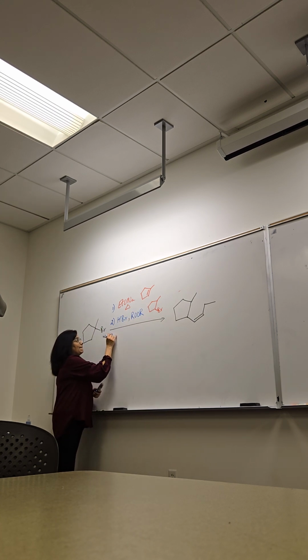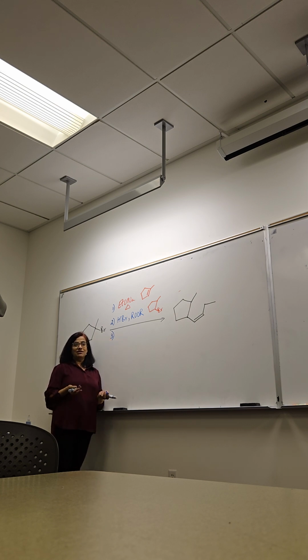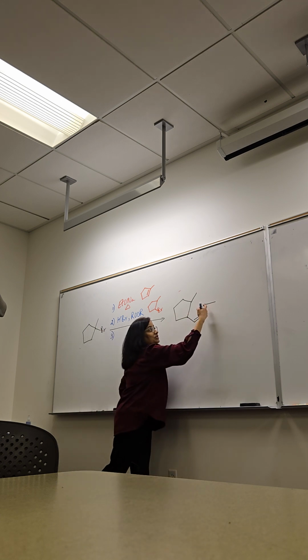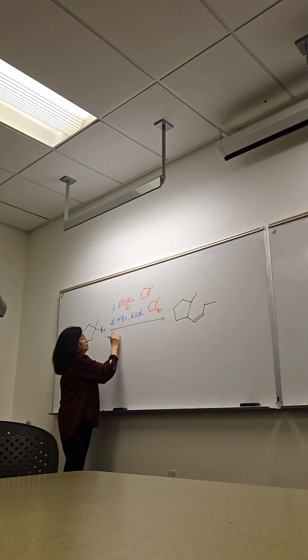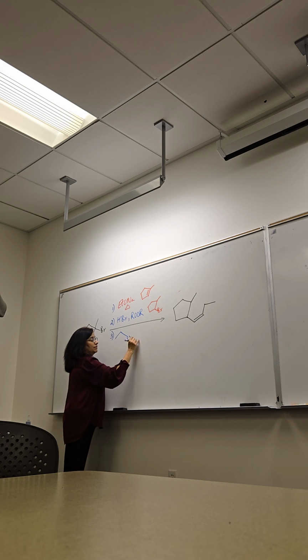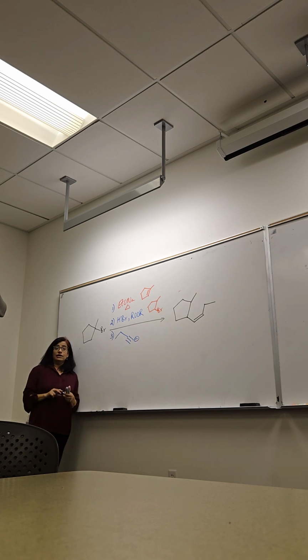Would it be C triple bond CR? We are in the alkyne chapter. Where's your alkyne? 1, 2, 3, 4. 1, 2, 3. That's a nucleophile, isn't it? Yep.